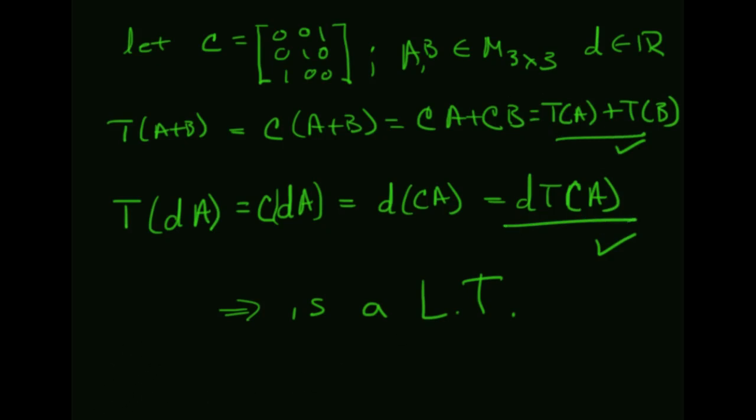Move on to number 7. All right, so number 7, let's let A be a 2 by 2 matrix. Let's let B also be a 2 by 2 matrix. And let's let C be some scalar.